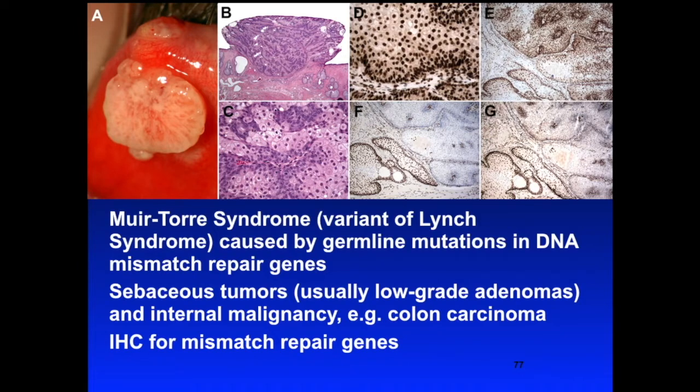F shows no staining of the nuclei of the tumor, with control of normal sebaceous glands. Just because the immunohistochemistry is abnormal does not mean that the patient has a germline mutation, however, because you can have somatic mutations in some cases.